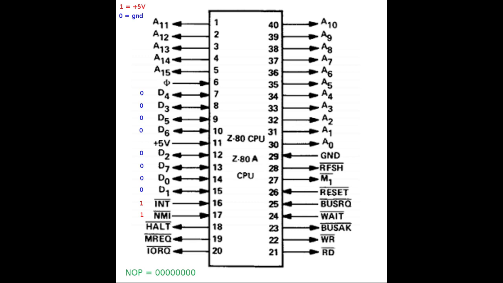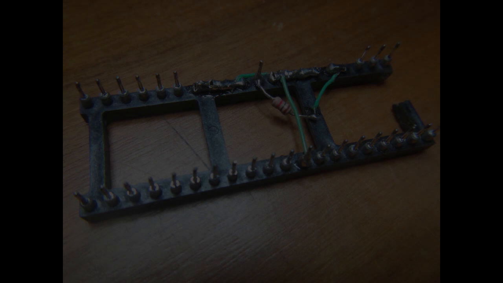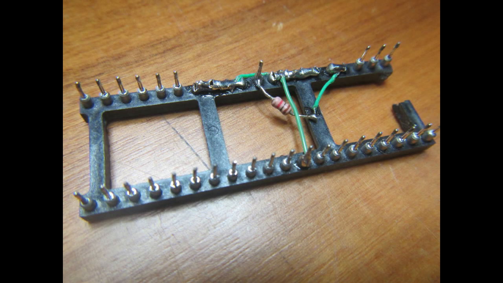And we notice that the data bus pins are not in any order at all, but since all the data lines need to be tied low, it's a simple task anyway. And this is my rather abused NOP Z80 socket for NOP generation. It's simpler to make than the 6502 actually. And on the same principle, we could make, for example, a Motorola 6809 NOP generator.